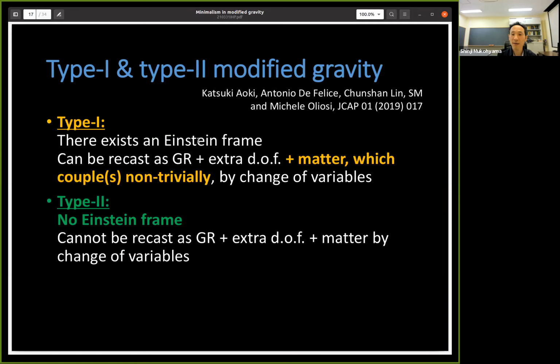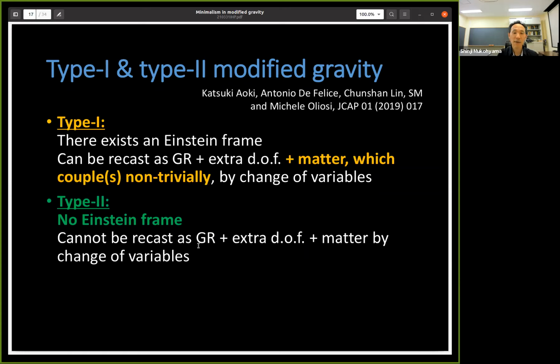This is type 1, very simple. And whatever is not type 1 is called type 2. So type 2 doesn't have an Einstein frame, and therefore cannot be recast as GR plus an extra degree of freedom plus matter by any change of variables. This is type 2, very simple.